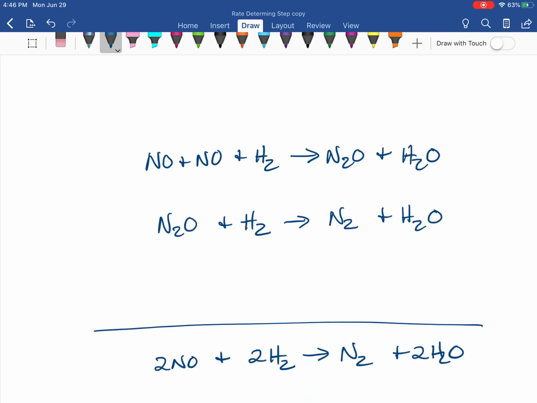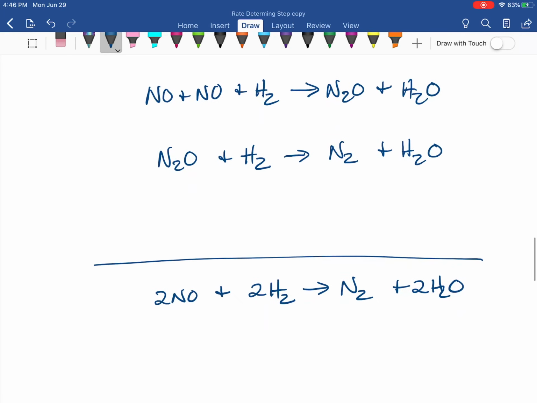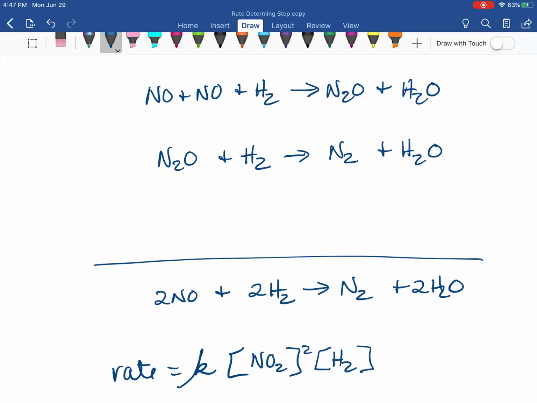And now if your rate law is given to you, now you can match what is your rate determining step. All right, so if that is your rate law, tell me which one is the slow one and which one is the fast one.